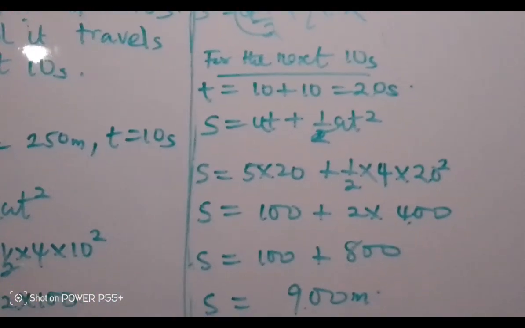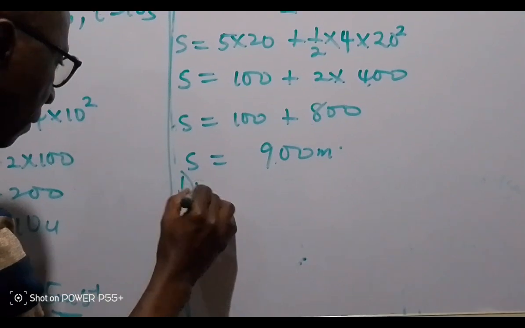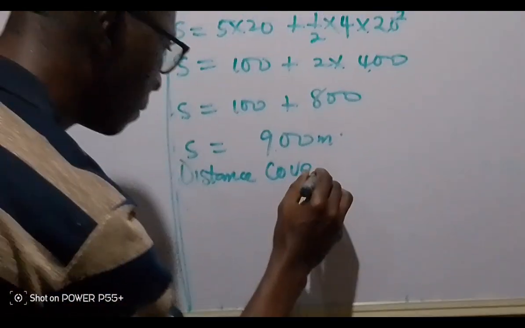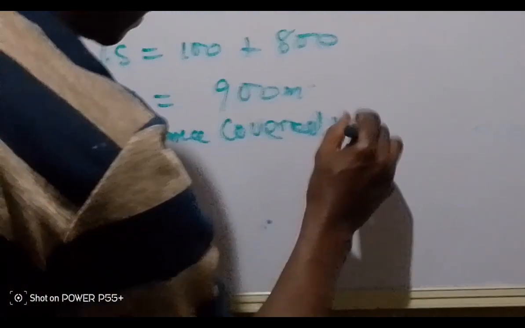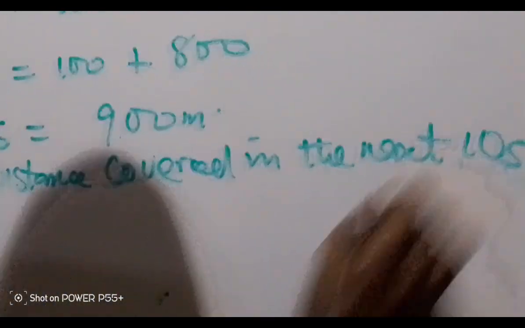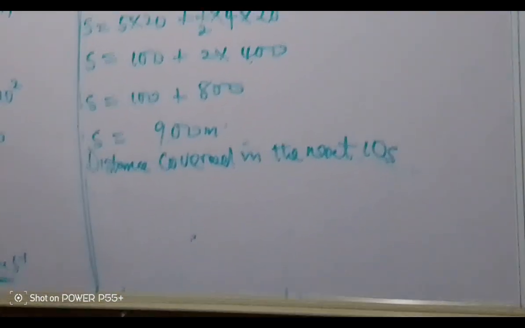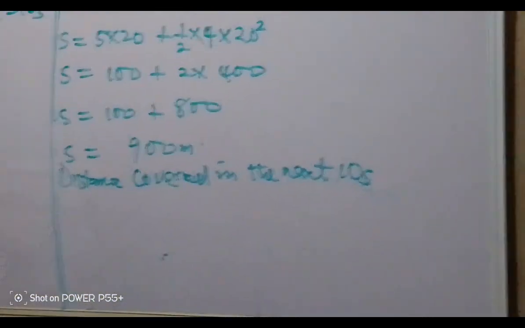Now, distance covered in the next 10 seconds will now be equal to the first 10 seconds, which according to the question is 250, and the one we calculated is 900.